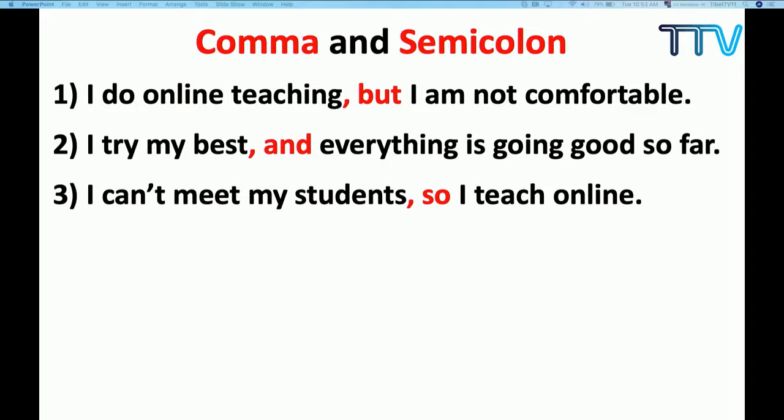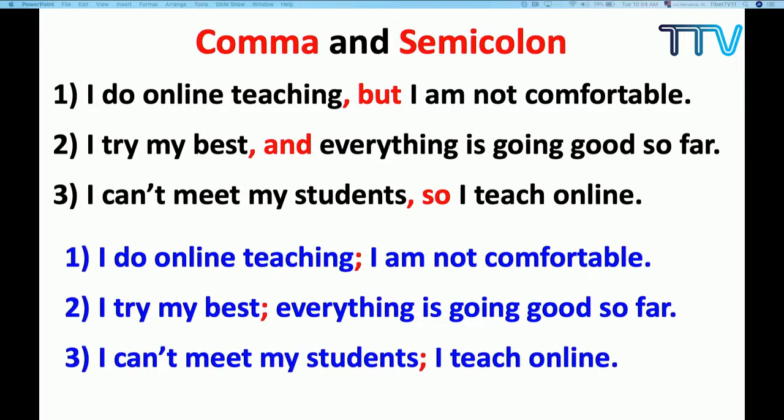I do online teaching, comma, but I'm not comfortable. Do you see the comma before the connector? The same thing applies to the next sentence: I try my best, comma, and everything is going good so far. And the third one: I can't meet my students, comma, so I teach online.